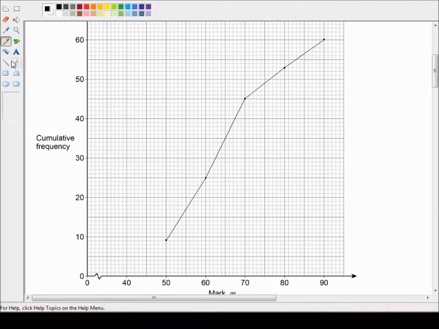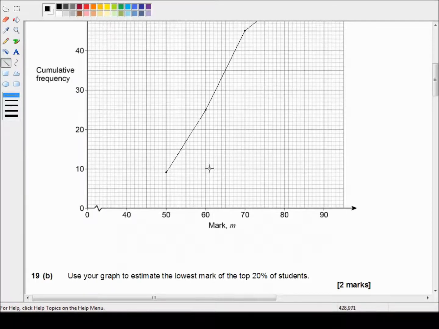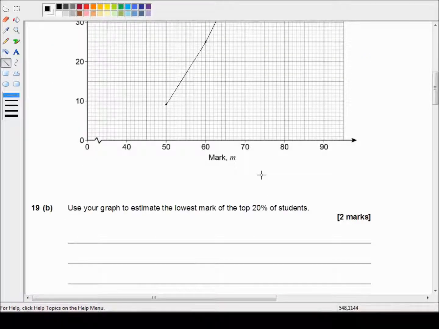Whatever you do, do not do a single straight line from the start to the finish, like a line of best fit. This is not a scatter graph. You don't want a single straight line. It's straight lines that join the dots. Okay, so now we have our cumulative frequency chart for 3 marks.